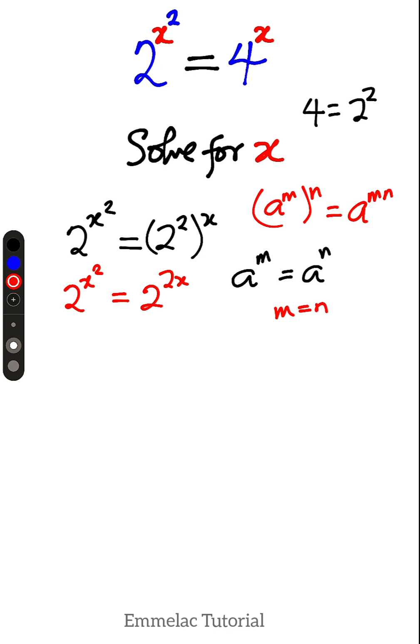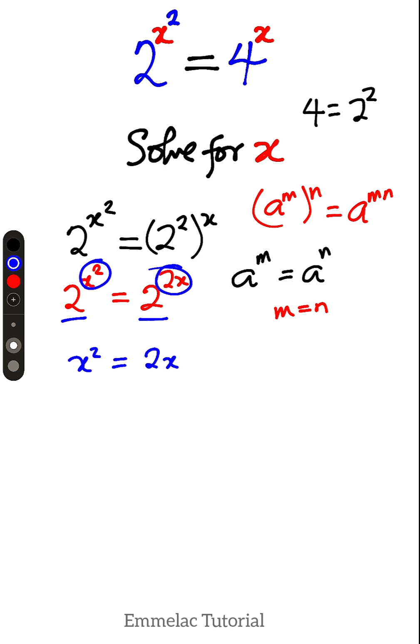So we'll apply this rule to the equation. Since we have 2 here and 2 here, we just need to equate the exponents. So here you have x squared equals 2x.